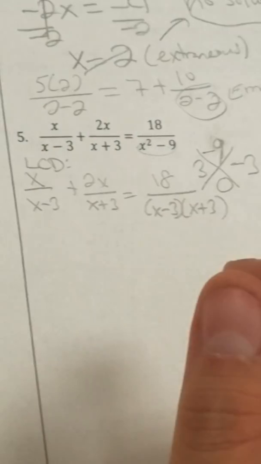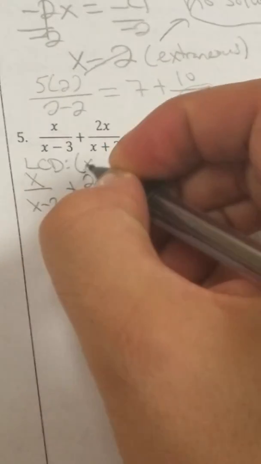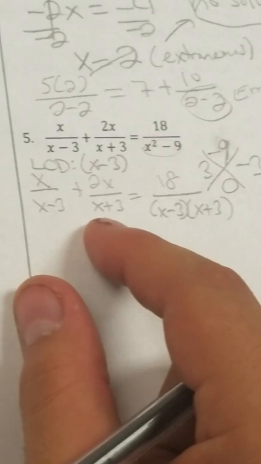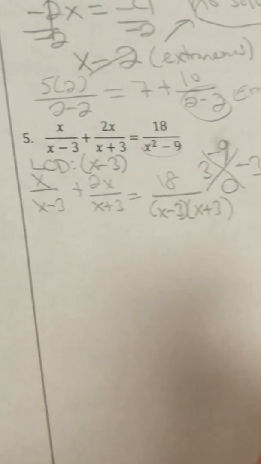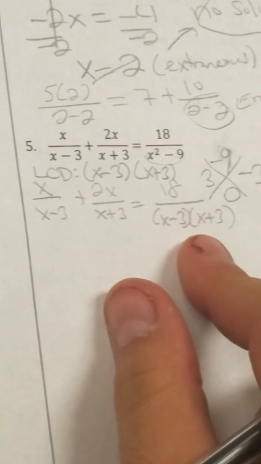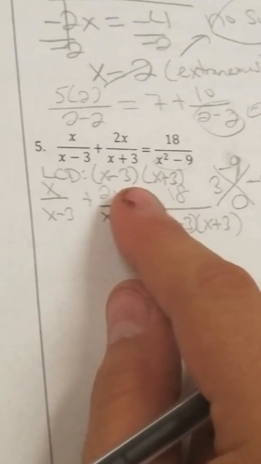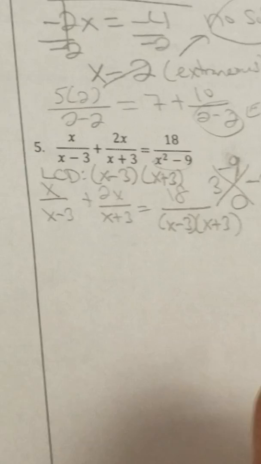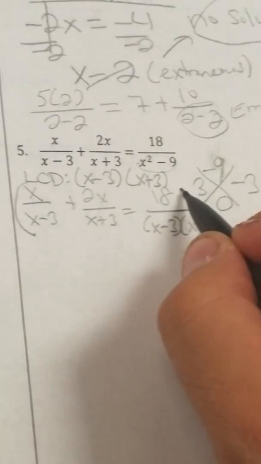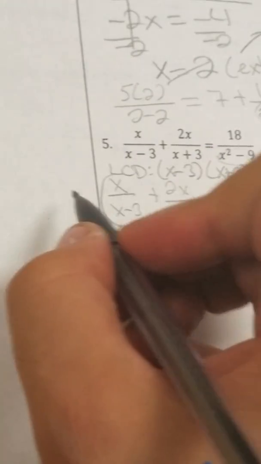So you're going to pick the one with the most, which is just 1. All right, we have no x plus 3's here. We have 1 x plus 3 here. We have 1 here. So we're going to pick 1. So in this case, our LCD is just this guy. So we're going to multiply both sides by the LCD.